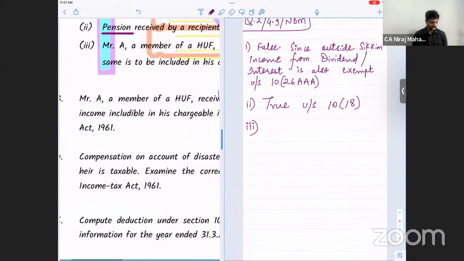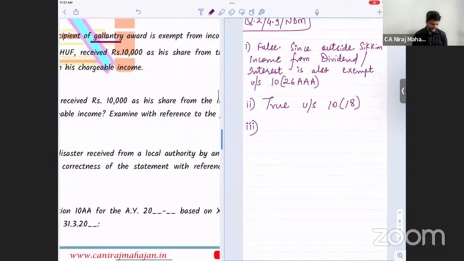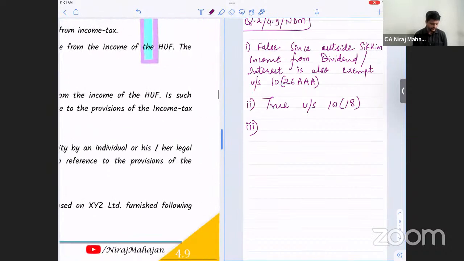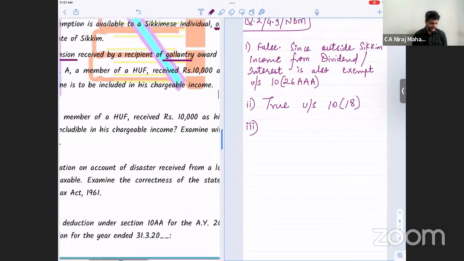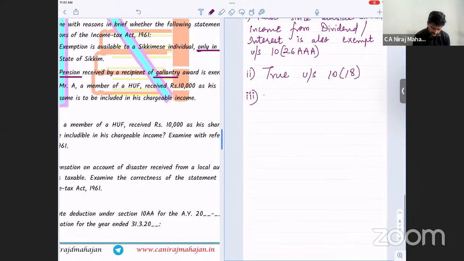Third one. Mr. A, a member of HUF, received 10,000 as his share from income of the HUF. The same is to be included in his chargeable income? No. We will show it as income, but we will immediately claim it as exemption. So it is false.